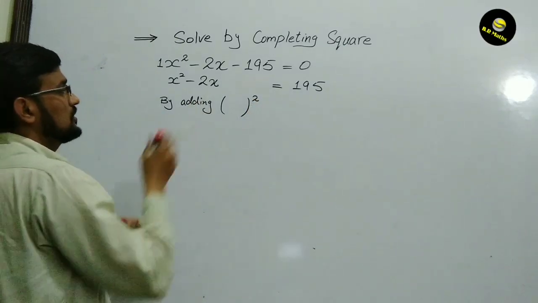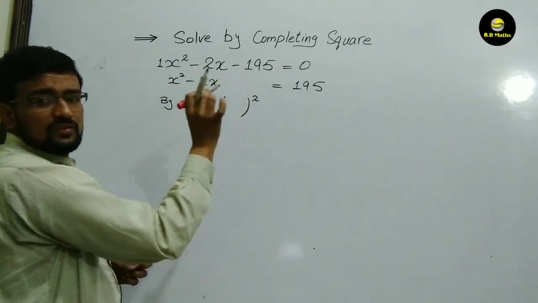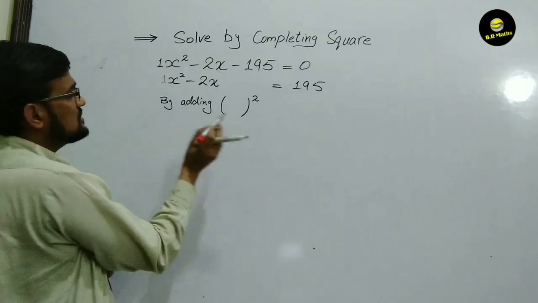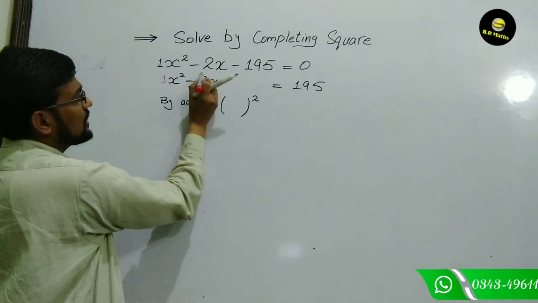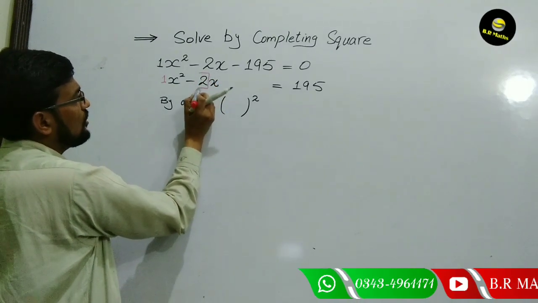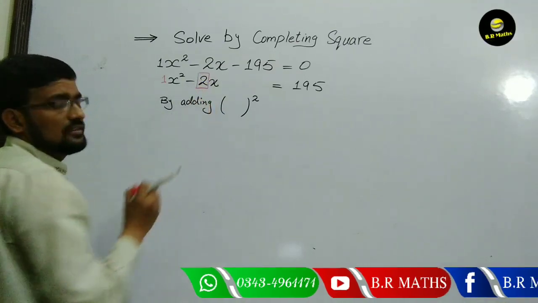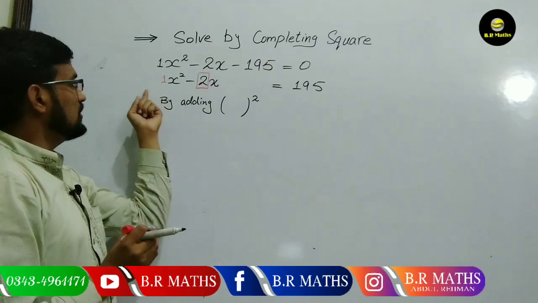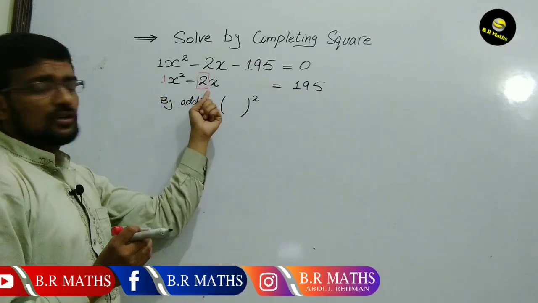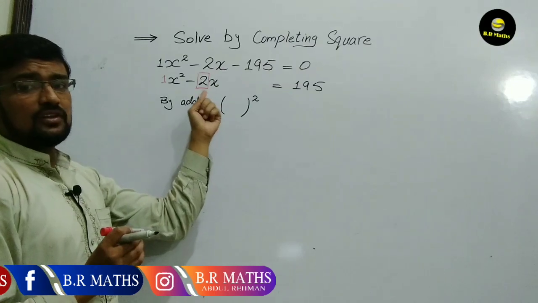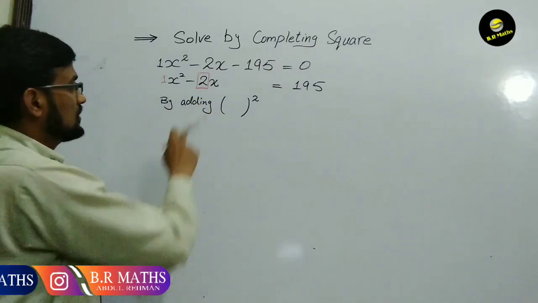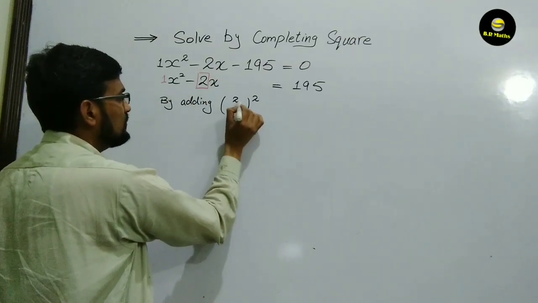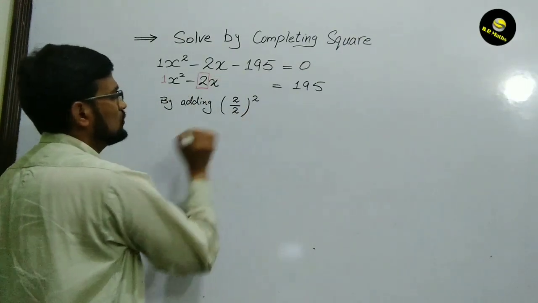Remember student, in any question, when the coefficient of x square is 1, use only the coefficient of x. In this question, this is 2. So 2 divided by 2.